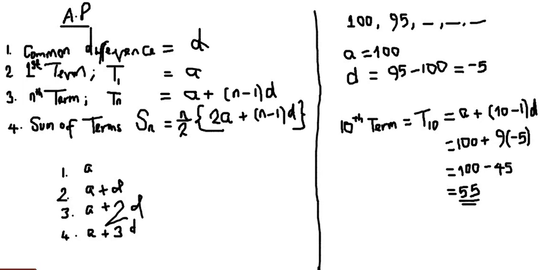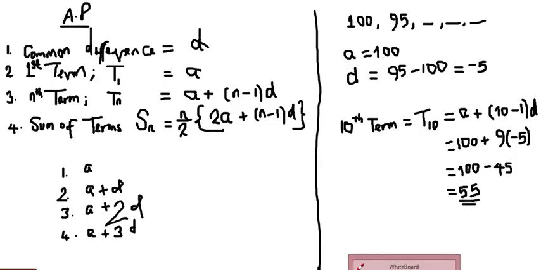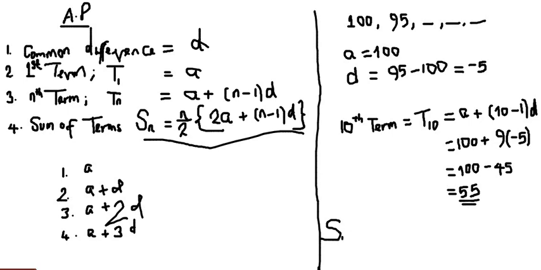Then we can get the calculation for the sum of the first 10 terms. We get our formula for the sum of the given number of terms. We'll say sum of the first 10, so where there is n, we'll put 10. The sum of the first 10 terms will be equal to n over 2, or half of n, that means 10 over 2.